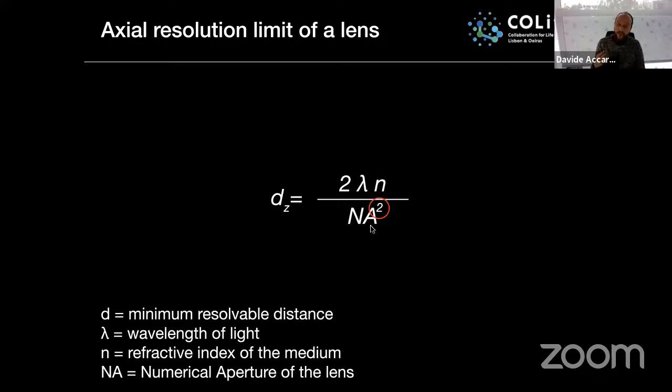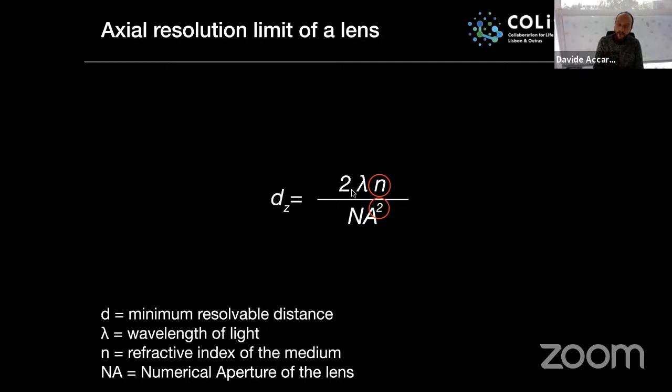So you will have huge increases with small increases of numerical aperture. And the second thing is that it's directly proportional to the refractive index through which the lens looks. Which means that if you have two objectives with the same numerical aperture but different immersion media, the one that looks through the immersion medium with lower refractive index will actually give you higher resolution.